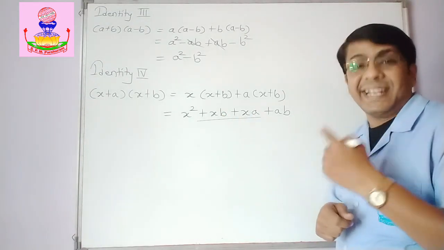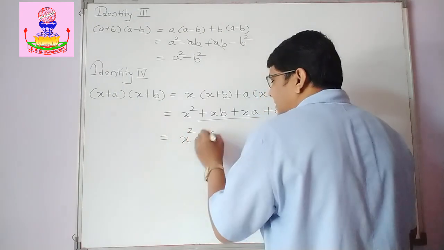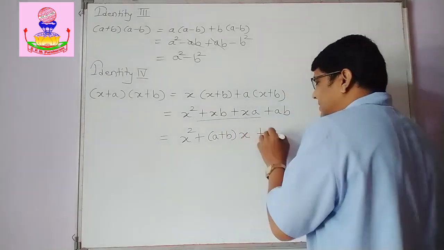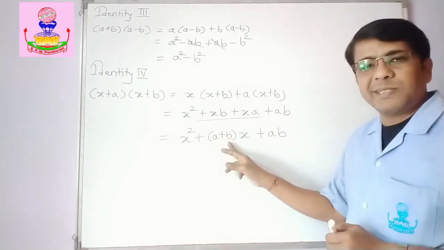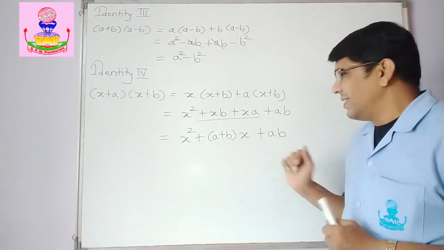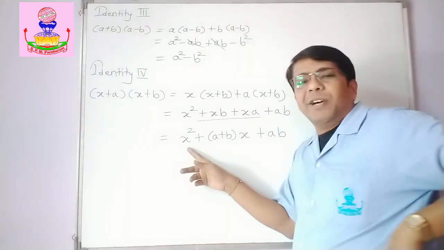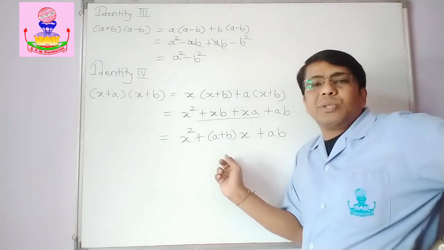Now see here, they are not similar terms, but there is something common in them. What is that? Obviously, x. So you will have x square plus (a plus b) into x plus ab. I have taken x common, so left is a plus b, addition.